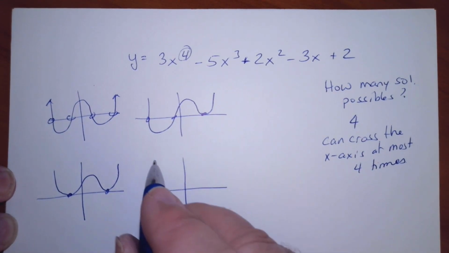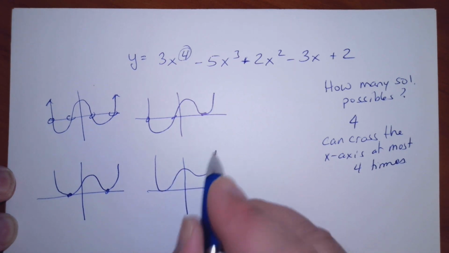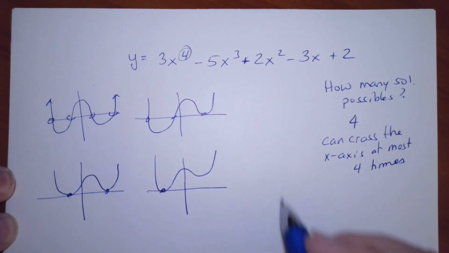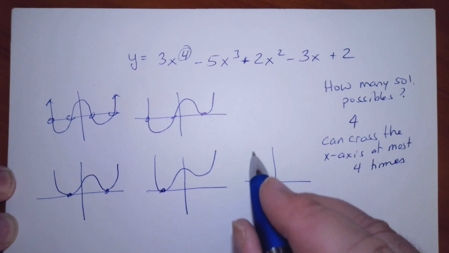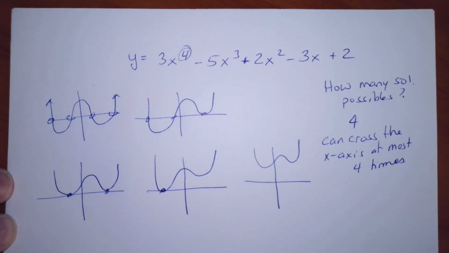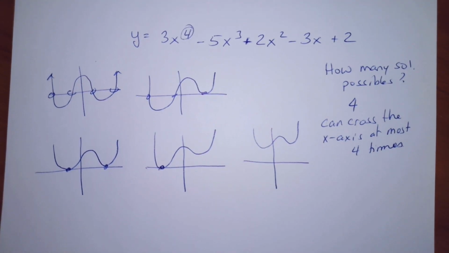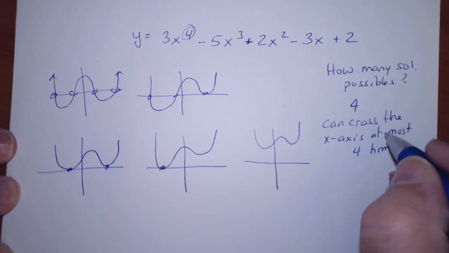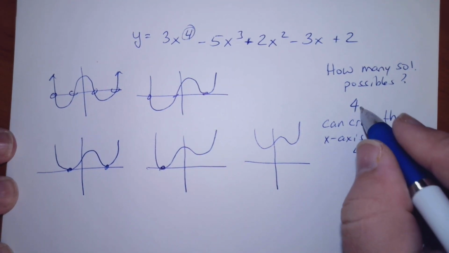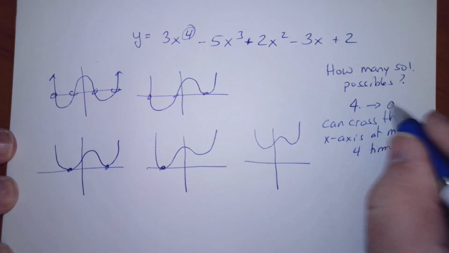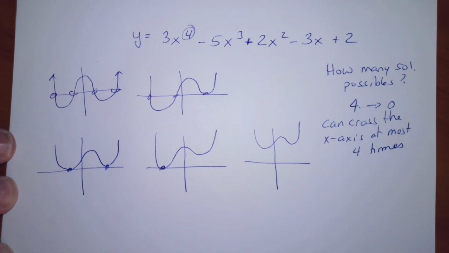Or 1 solution, or no solutions. So the maximum number is 4, and it goes all the way down to no solutions.